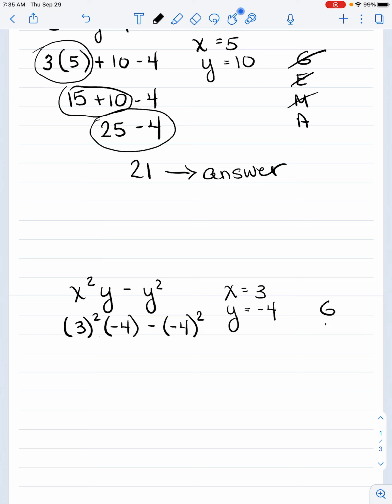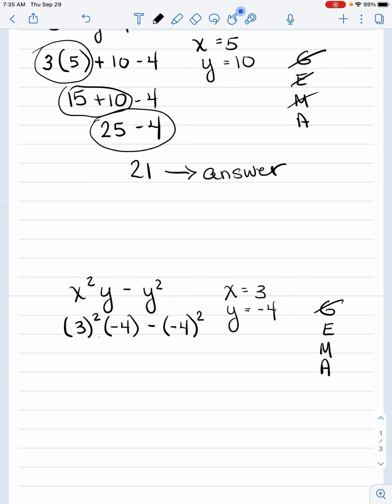Okay, let's go through our GEMMA. There are no groupings. Remember, those parentheses are just to keep the signs together and to show that we did our substitution. So no groupings. Exponents, yes, we have a couple.